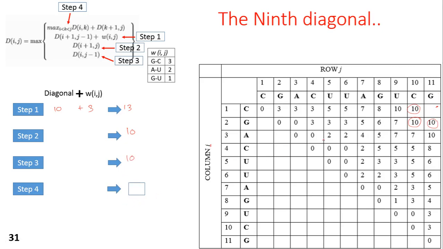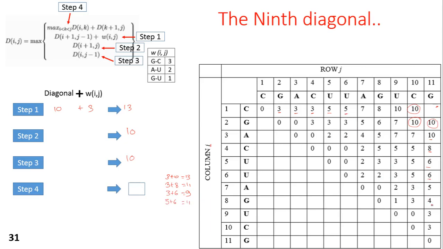Now let us calculate the values that can be involved in our step 4. For this you would need to add this 3 with 10, that would be 13. Then 3 with 8, that would be 11. 3 with 6, that would be 9. 3 added to 6 would be 9. Then 5 added to 6, that would be 11.